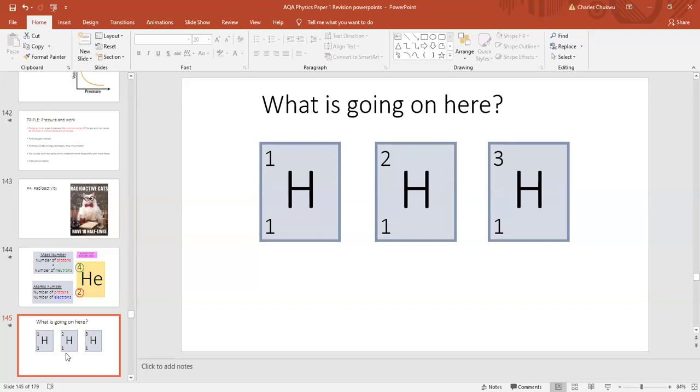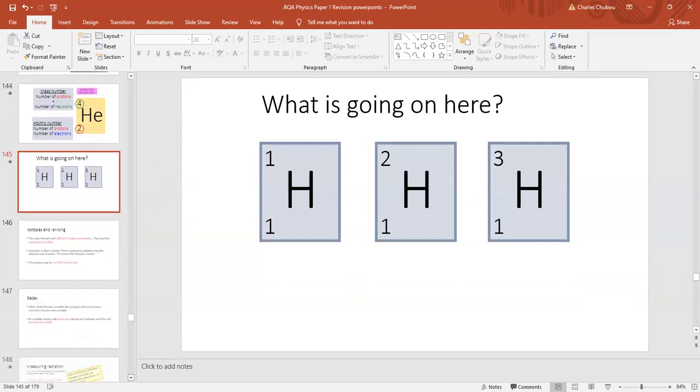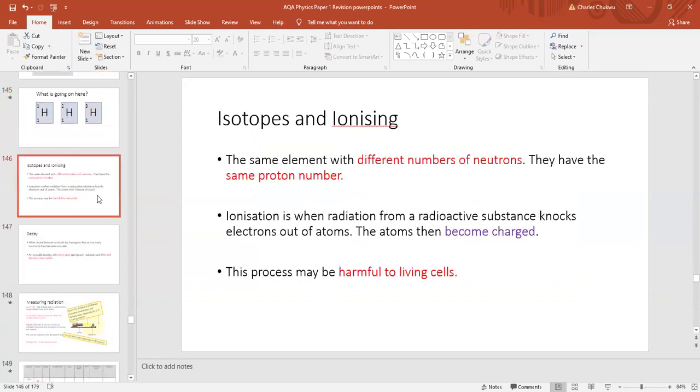This happens more when we're discussing radioactivity. So remember the definition of isotopes: same elements, different number of neutrons. They have the same proton number, the same atomic number, which is why they are the same element.